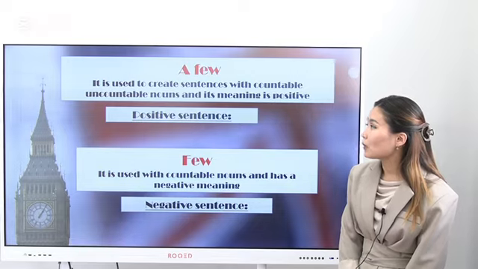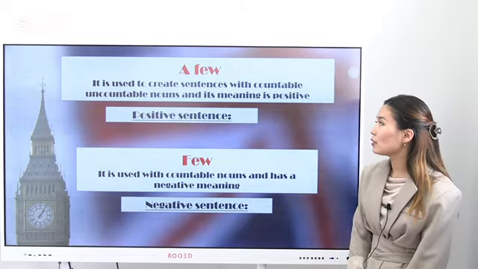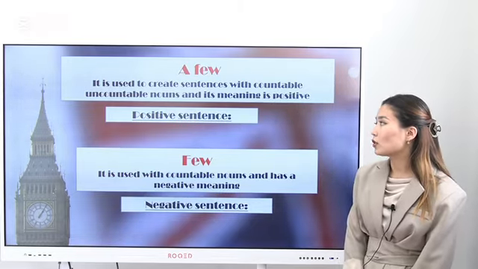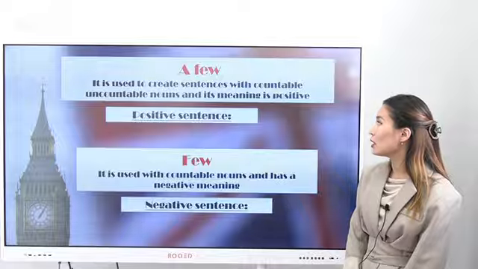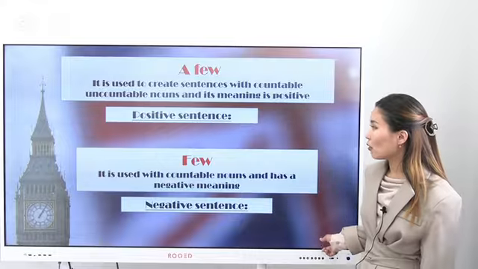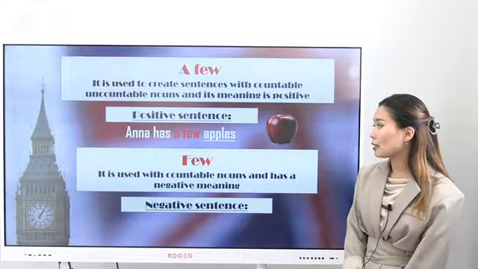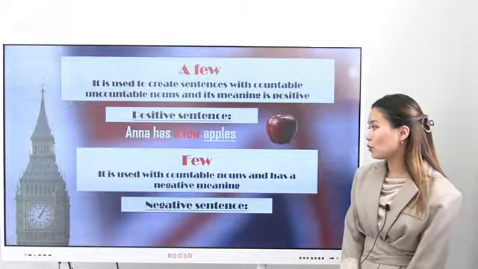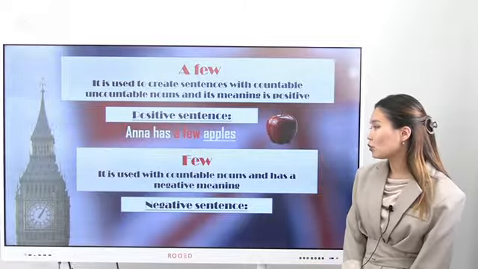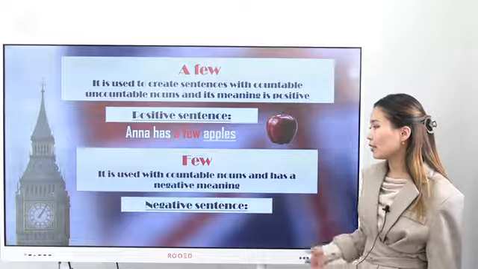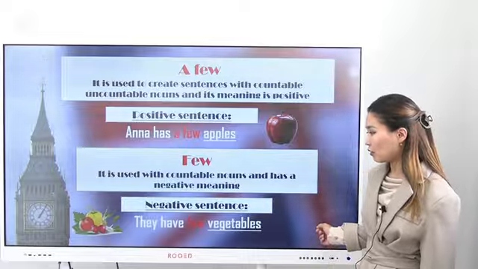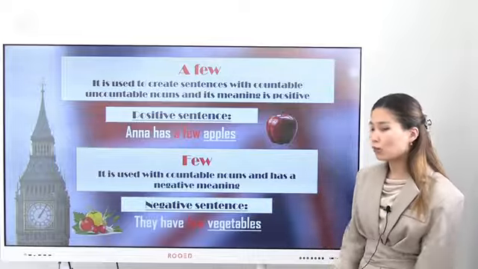Next, a few. It is used to create sentences with countable nouns and its meaning is positive. For example, Anne has a few apples. Next, few. It is used with countable nouns and has a negative meaning. For example, they have few vegetables.